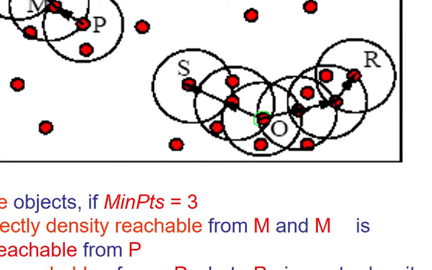Within O we have 1, 2 and 3 points. This is minimum 3. By chance every object had 3 points within the neighborhood, but they can have 4 or 5, but minimum 3 is required to be eligible to become a core point or core object.